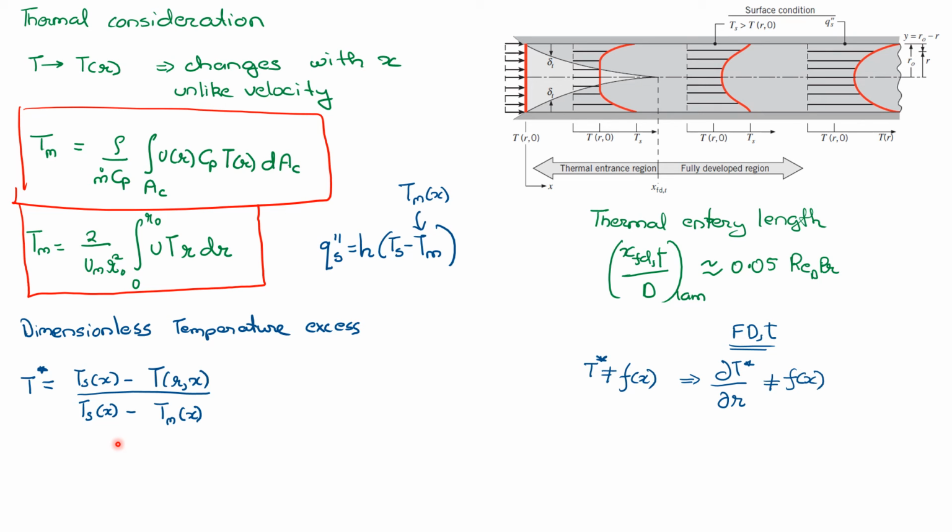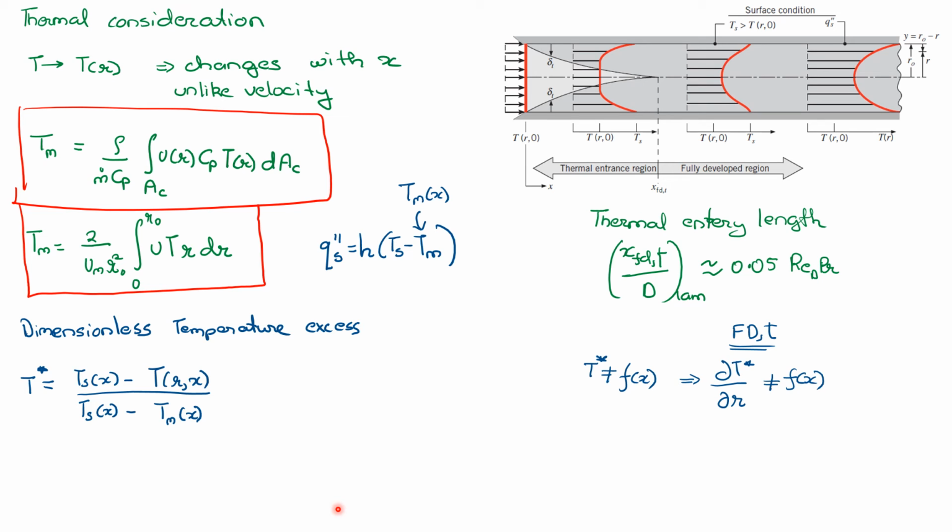And if you see now, your T star will not be a function of x, and you can write your del T star by del r. This will mean that your del T star by del r, that means your variation of T star with respect to r, will also not be a function of x.